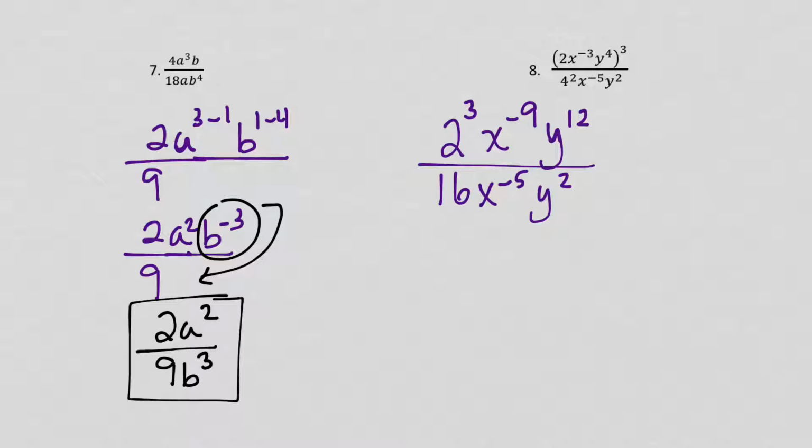Okay, so from here, you can do a couple things. You can change it so it has positive exponents, or you can go right into your quotient rule and do the subtraction. I'm going to do this quotient rule and see what that gets me. So I get 2 cubed, I can at least do that and get 8. And then I'm going to look at my x's.